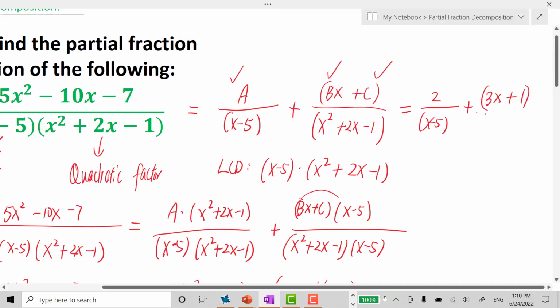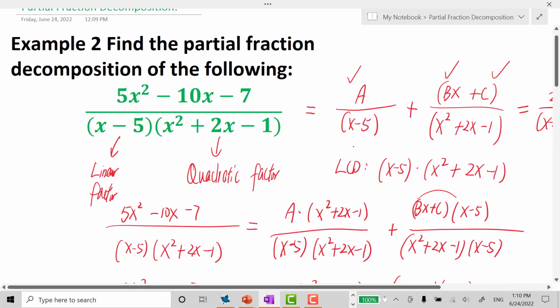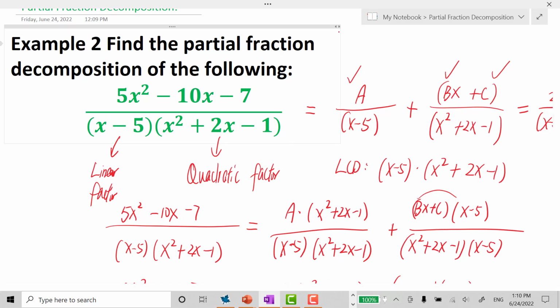And over x squared plus 2x. So yeah, that's basically how you get to the bottom of this quadratic fraction decomposition on this particular example. Yeah, that's pretty much everything in this video.